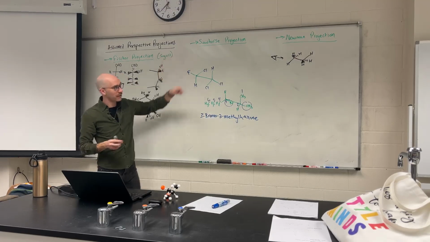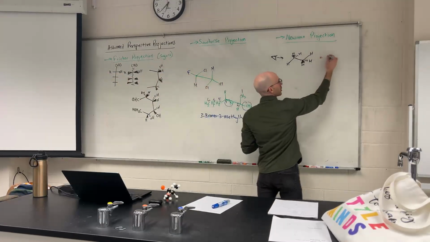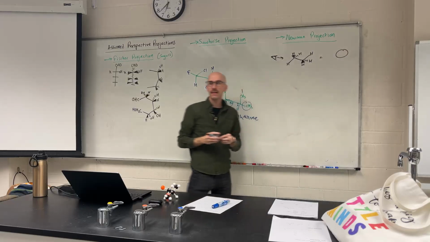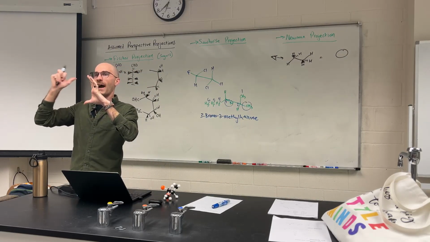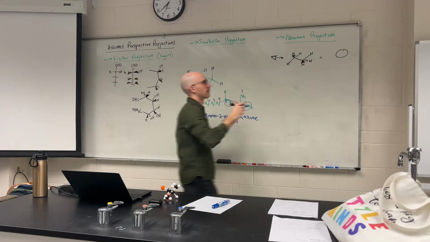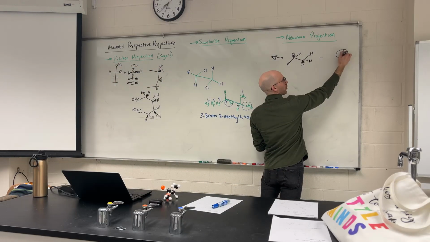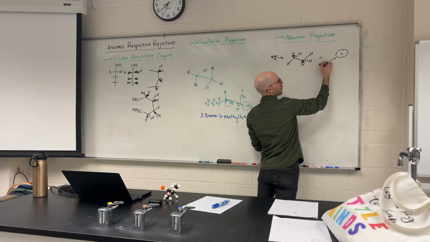As I sight down this bond, the Newman projection that I get has a big circle, which represents the back carbon. And then it has this small circle, which represents the front carbon.